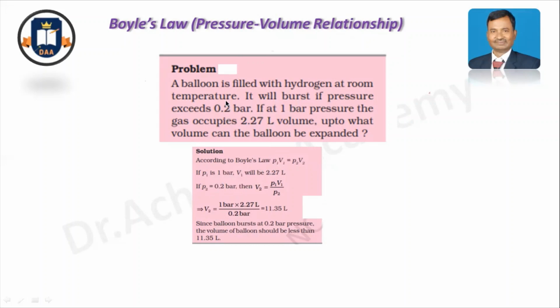And when P2 is 0.2 bar, then V2 is unknown, we have to calculate it. V2 is equal to P1 V1 by P2. After calculation, you get V2 is equal to 11.35 liters. So what is the conclusion? Since the balloon bursts at 0.2 bar pressure, the volume of the balloon should be less than this value, 11.35 liters.